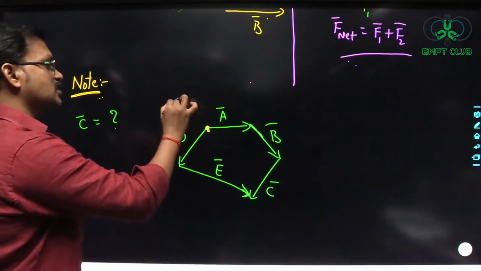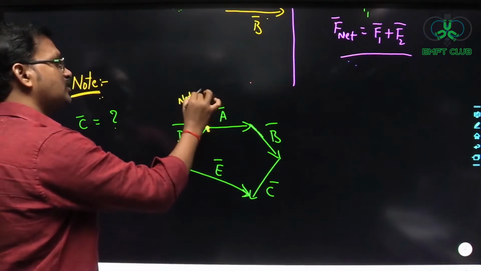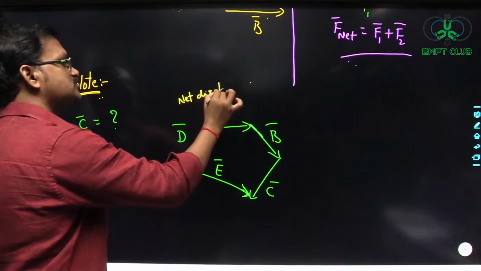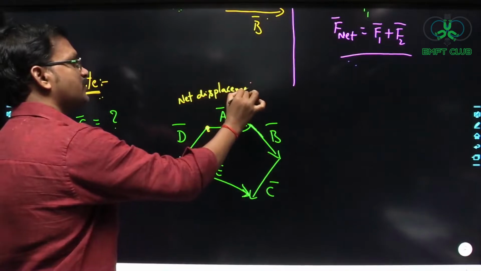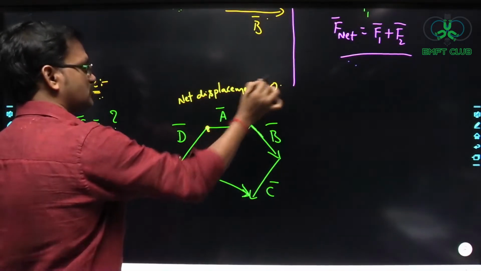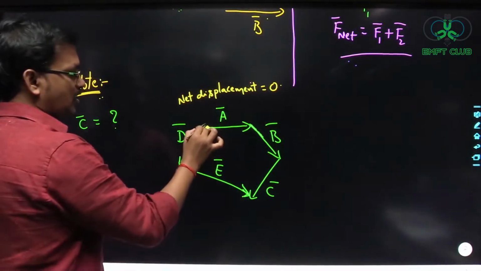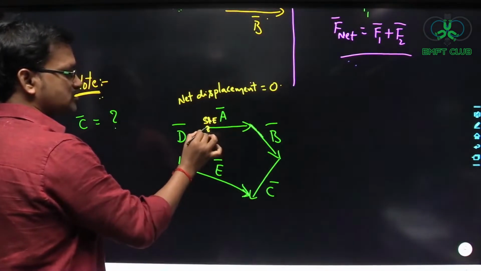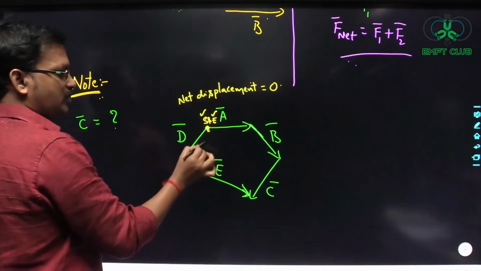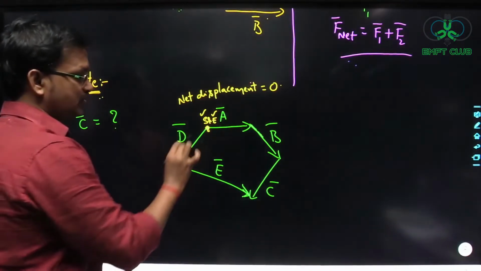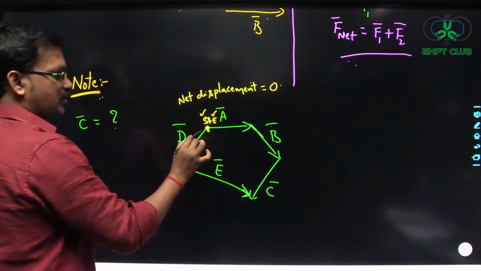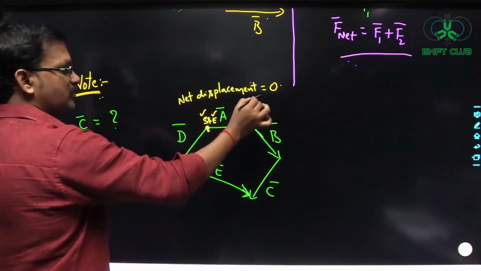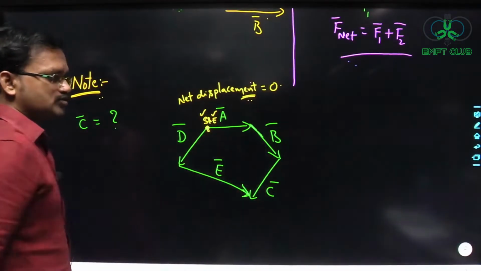The starting point is this one, and the ending point is also this one. Starting and ending point are the same point. So the net displacement around this closed path will be equivalent to 0.